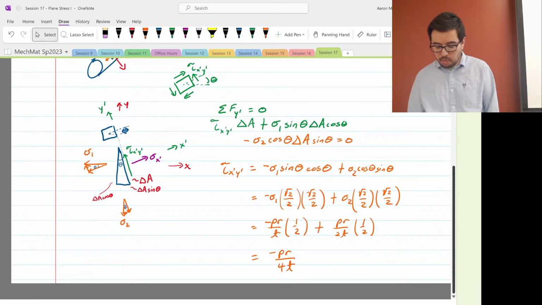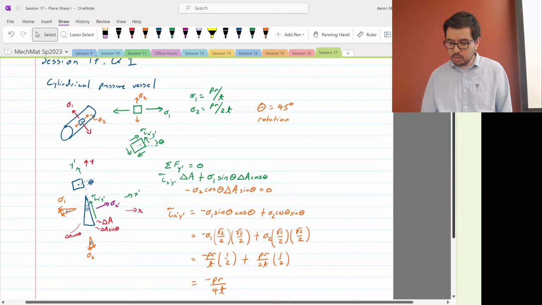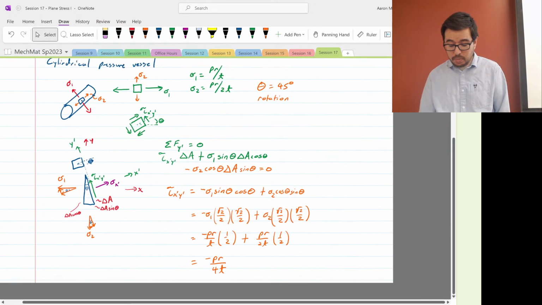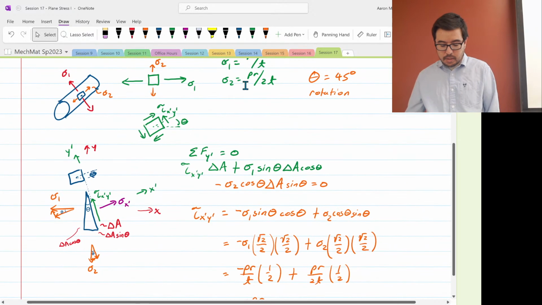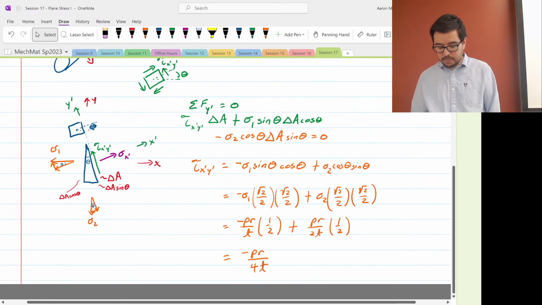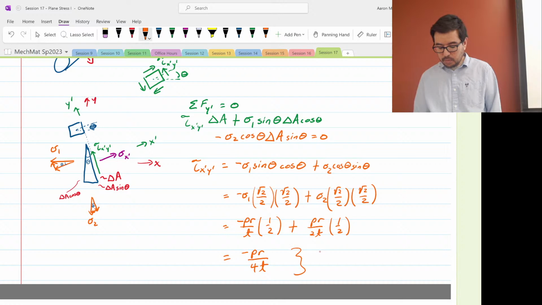And we want the magnitude, because that's what I asked for. If you picked your sigma 2 to be your x direction and your sigma 1 to be your y direction, which is not what I did here, then you won't get the same sign. So that's the answer. It's actually the magnitude of this, equal to PR over 4T.